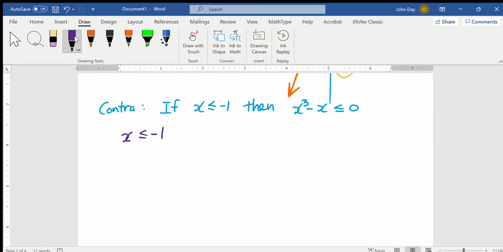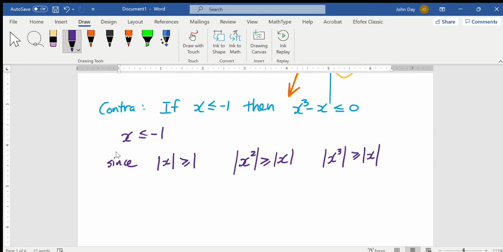I might say since the size of x is bigger than or equal to 1, then the size of x squared will be bigger than or equal to the size of x, and the size of x cubed will be bigger than or equal to the size of x, right?